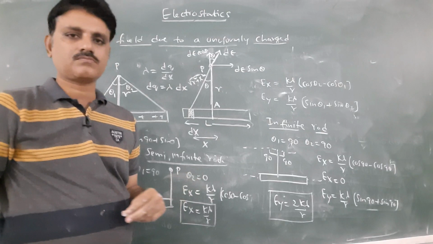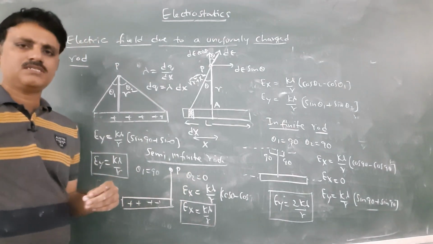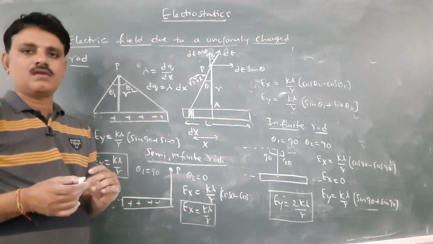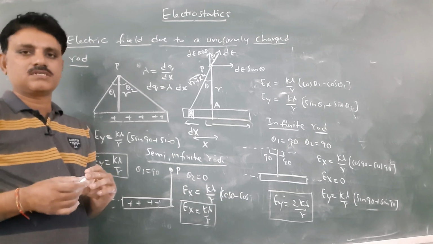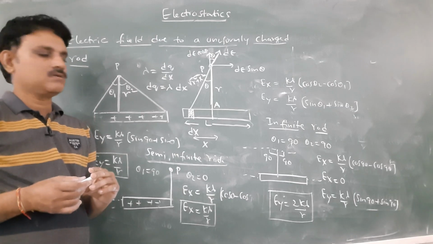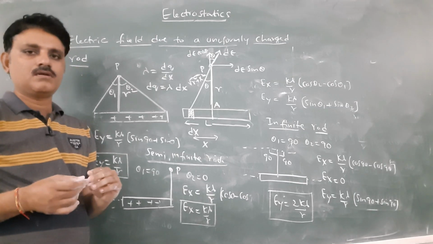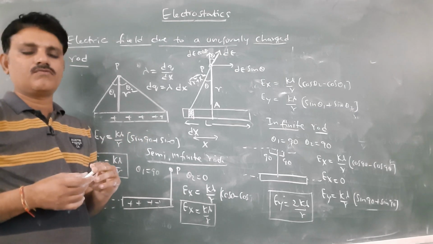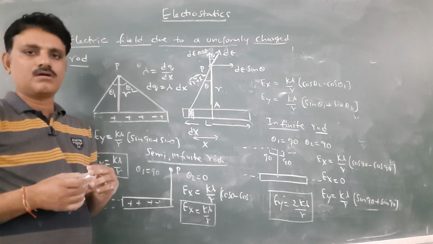Okay students, so this is about today's class, and we are going to discuss the applications related to the class later. So this is the electric field due to a uniformly charged rod.